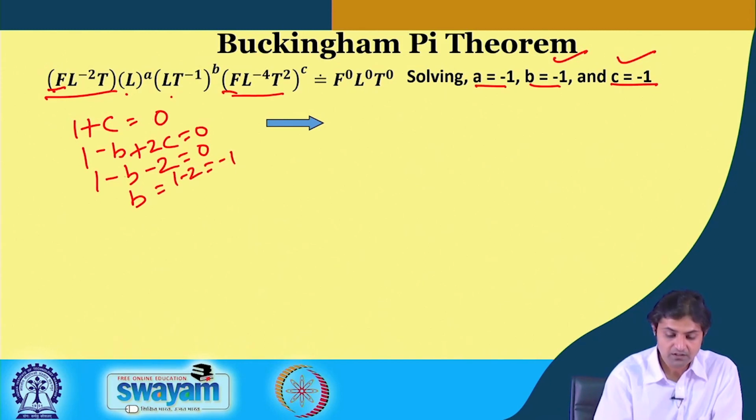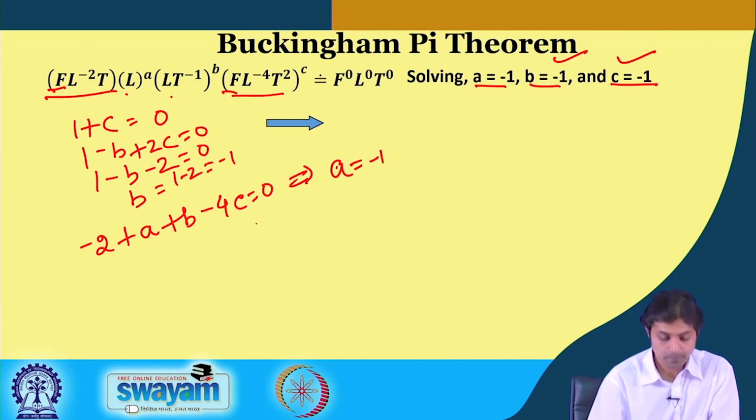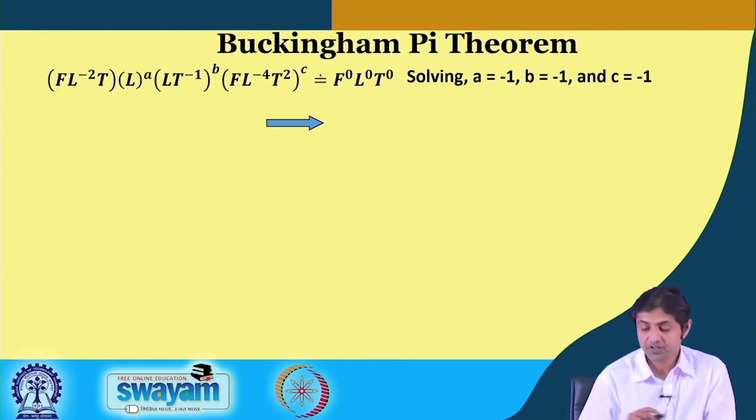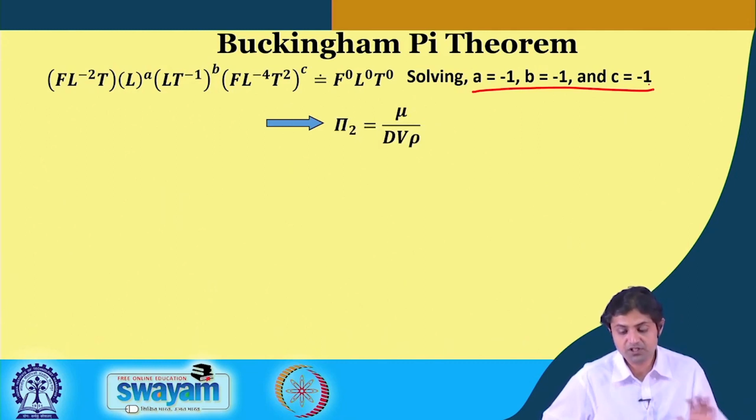And similarly, plus a plus b minus 4c is equal to 0, and this is going to give us a also as minus 1. But anyways, if we solve this equation, we are going to get a is equal to minus 1, b is equal to minus 1, and c is equal to minus 1. And our new dimensionless group is mu by d v rho.